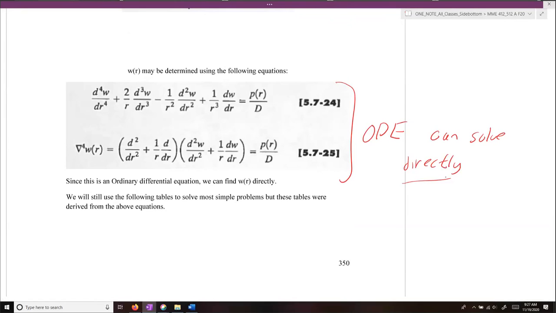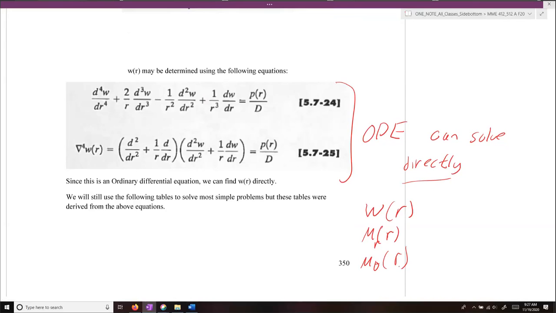So you can solve for w as a function of r, and you can solve for the moment as a function of r, for both the tangential and the radial direction. Because we can do this, we can determine the displacement, or the shape, of the entire plate along the entire width, and we can determine the moment at any point.